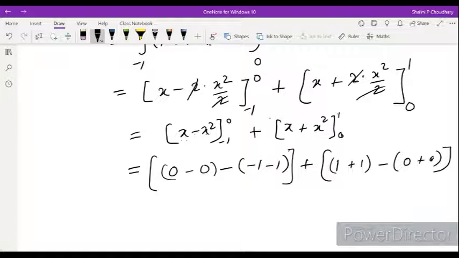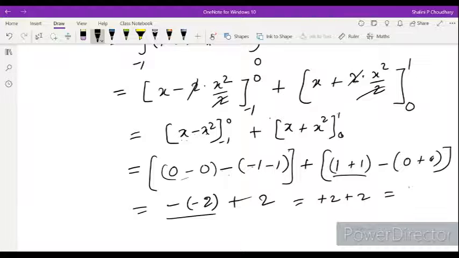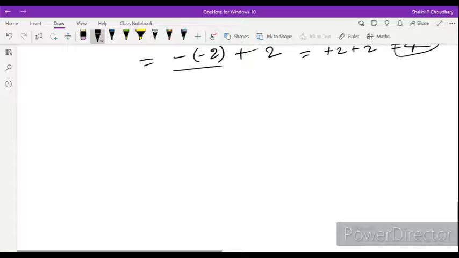So the zeros cancel. Here we write minus and -2, minus into -2 gives plus 2, and the other value is 2. So this will be 2 plus 2, which is 4. So the value we get for this one is 4.